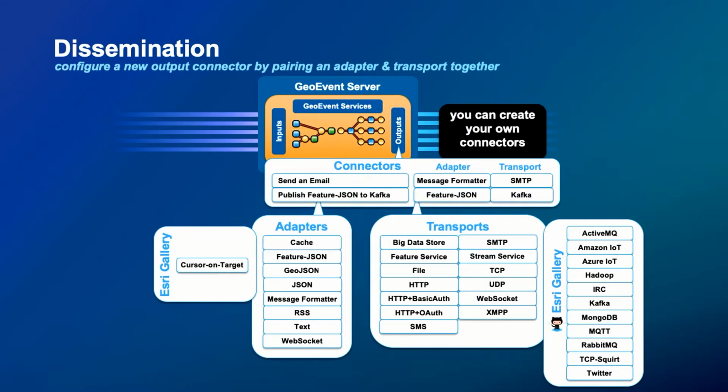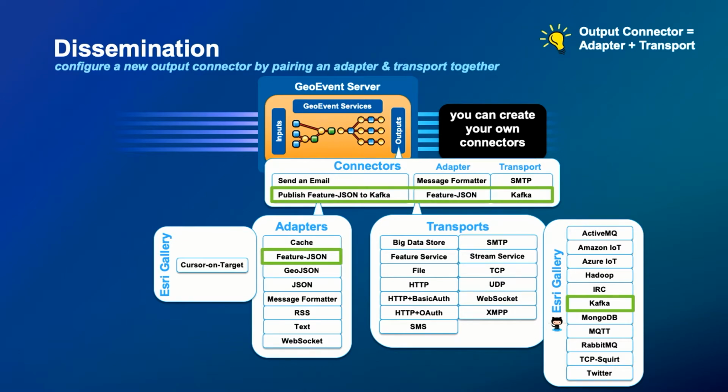Similar to inputs, outputs are defined by output connectors. An output connector is again made up of an adapter and a transport. For example, the send an email output connector is composed of a message formatter adapter and an SMTP transport. And the publish feature JSON to Kafka connector is composed of a feature JSON outbound adapter and a Kafka outbound transport.